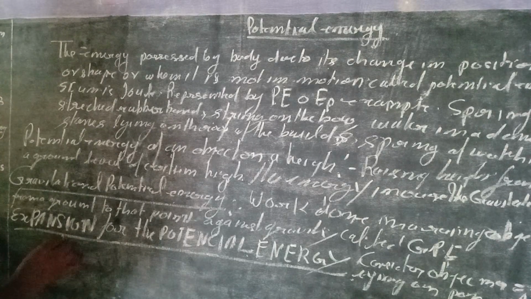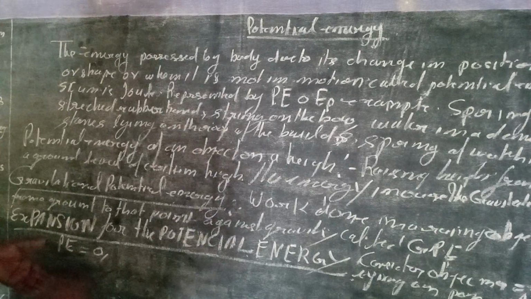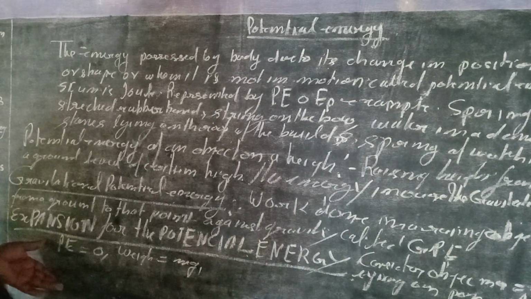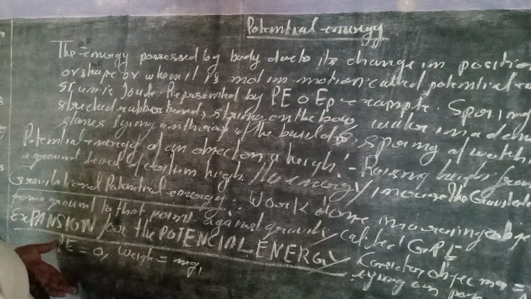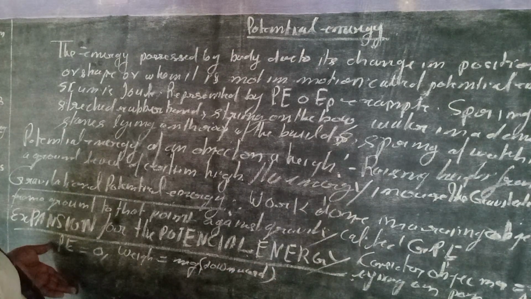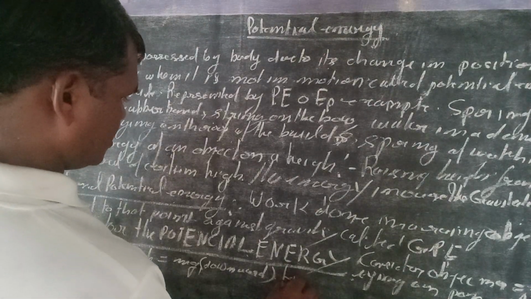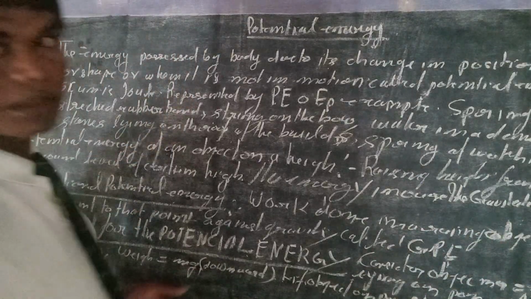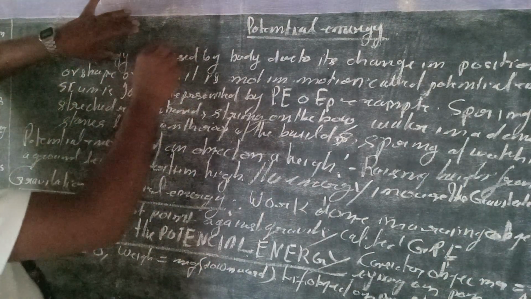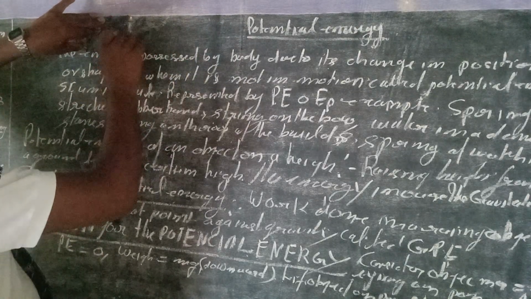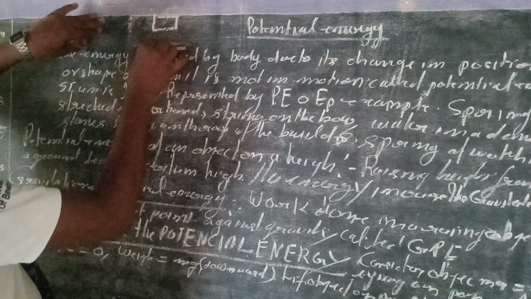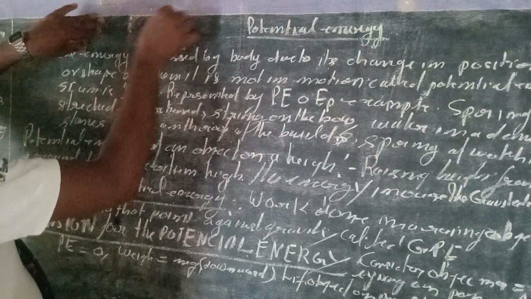The potential energy PE at A will be 0, and the weight is equal to mg downward. Understand? Lift the object from point A to B. This is the first position of the object, and here is the second position.